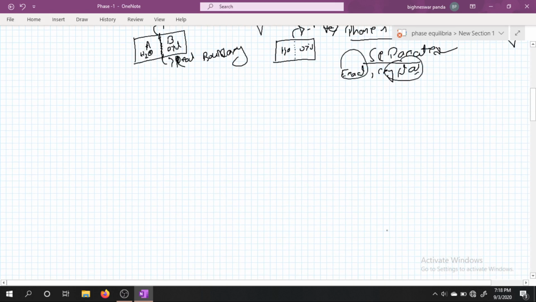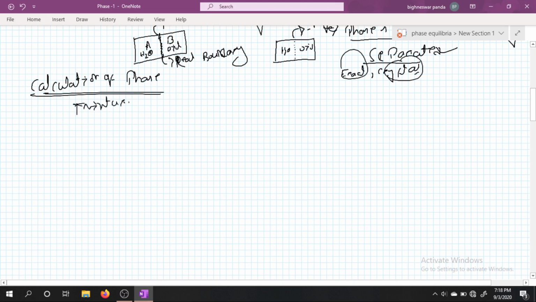So how to calculate phase? Before calculation of phase, we are going to study mixtures. One mixture is a liquid mixture.